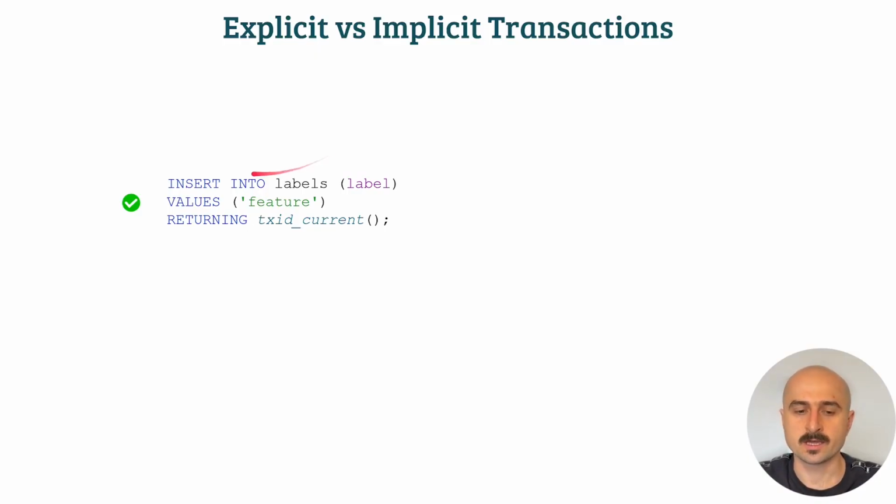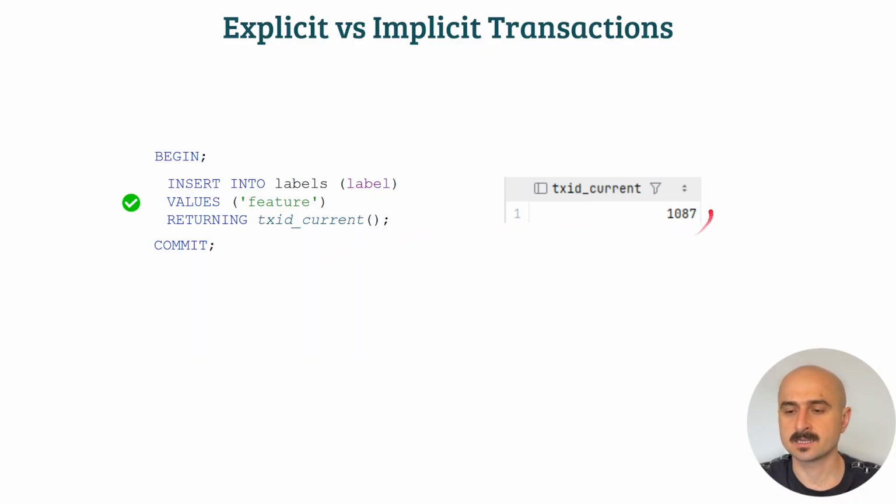So when you execute this insert statement, what happens under the hood is this. PostgreSQL starts a transaction, then it executes whatever your statement is, and then it commits the transaction. So in this case, we can see that the ID of the transaction is a different one, right? And we also see that this statement was executed inside a transaction.